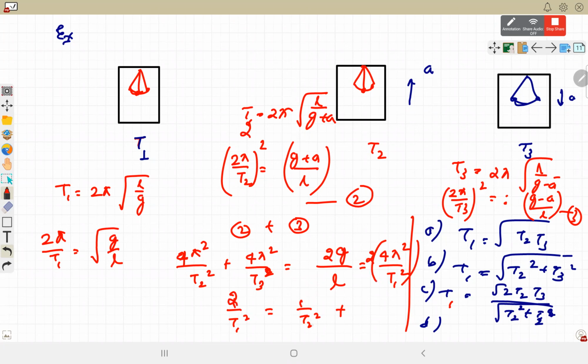So 2 by T square is 1 upon T2 square plus 1 upon T3 square. Take LCM and root, so it will be option C. Yeah, so that was a simple one.